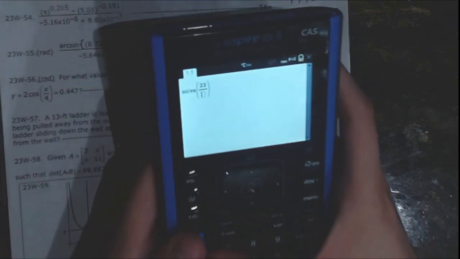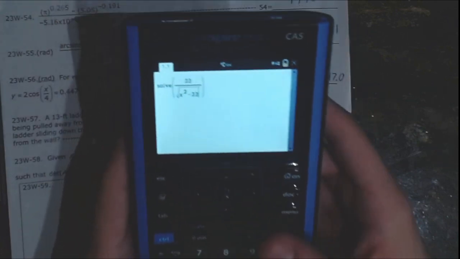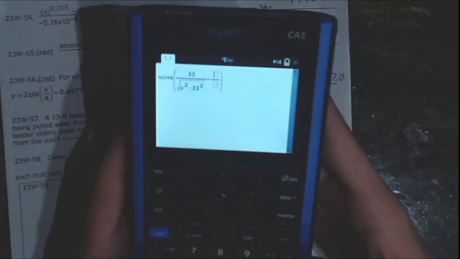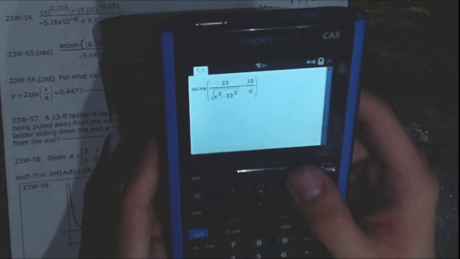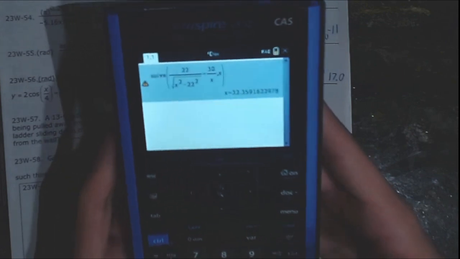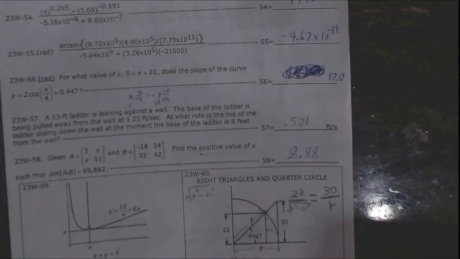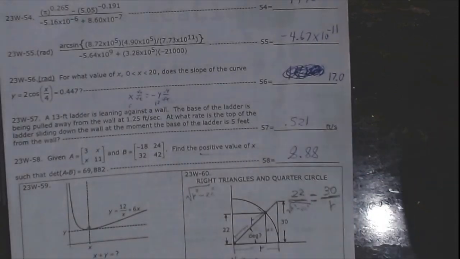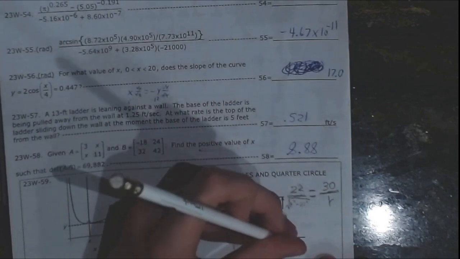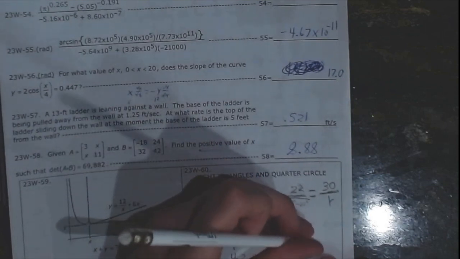So 22 over the square root of x squared minus 22 squared equals 30 over x, comma x. And I get that my value of x is about 32.36. So r is about 32.36.